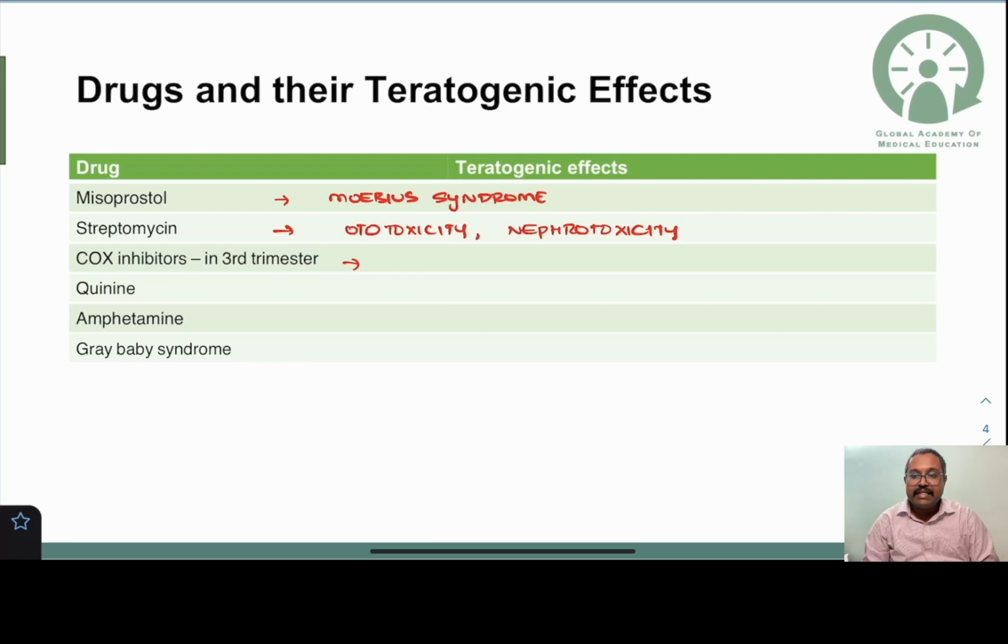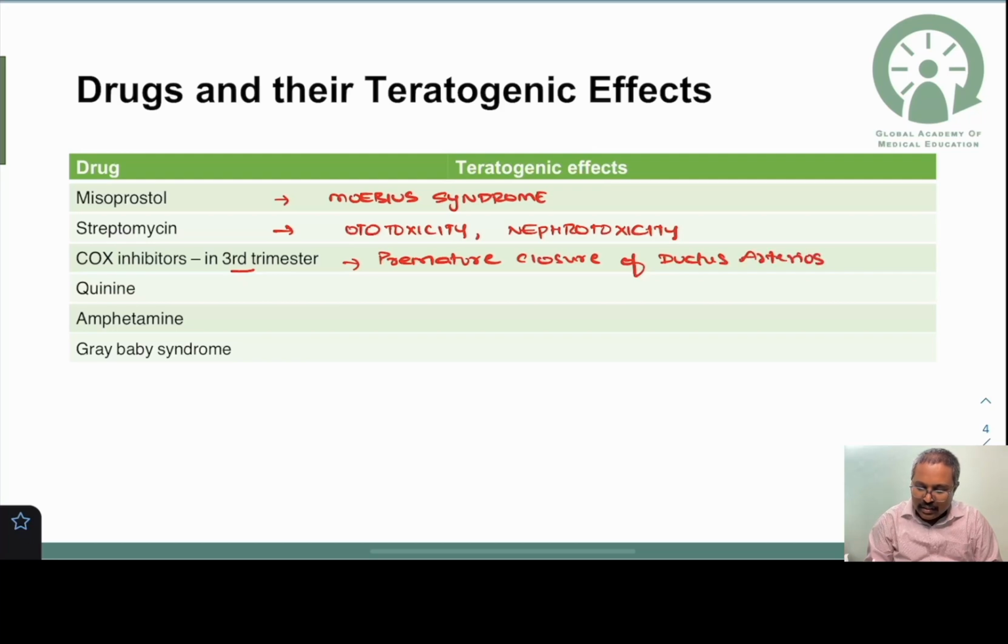Especially the NSAIDs, anti-inflammatory agents which inhibit the COX enzyme, especially if they are given in the third trimester of pregnancy, are known to cause premature closure of the ductus arteriosus.